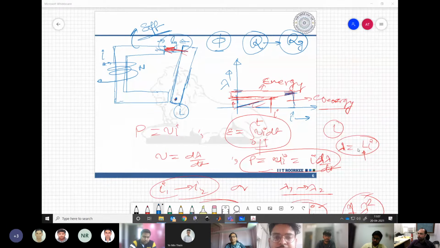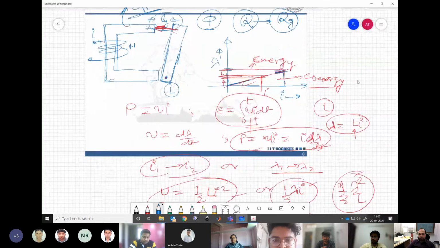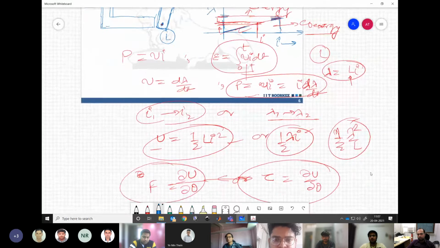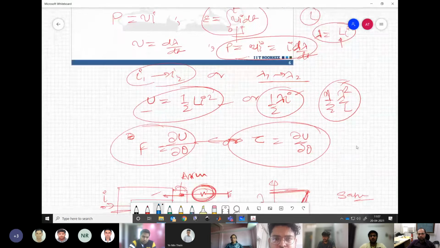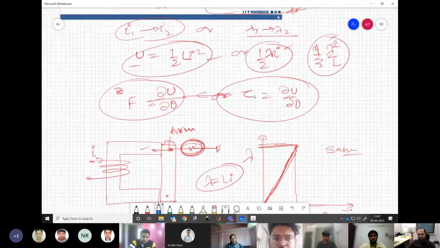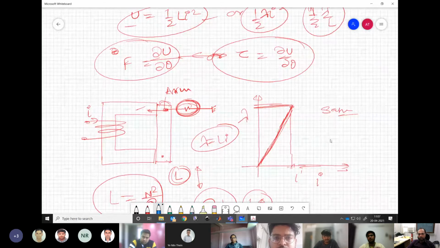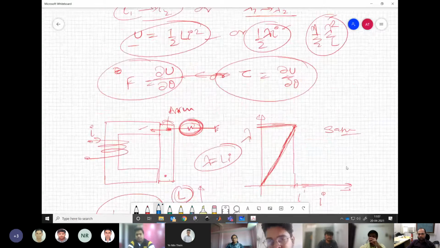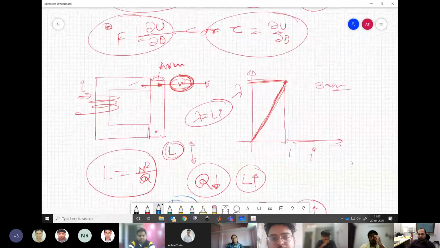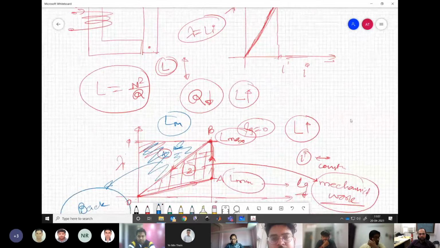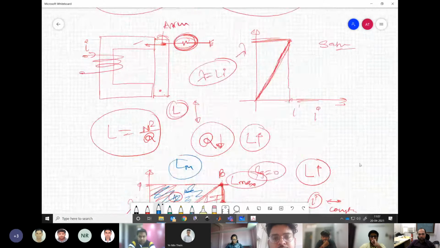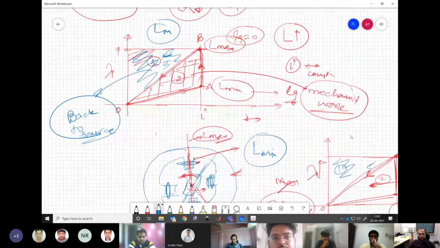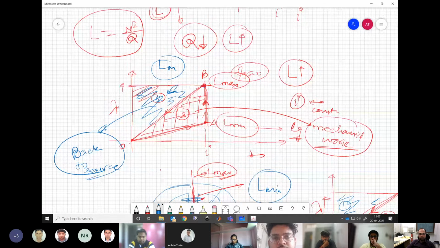So then what we understood, from the flux linkage point of view, what is happening? We figured out that the torque is proportional to the square of the current and then this dL by d theta, that means the change in the inductance. So we tried to plot the flux linkage for the two extreme locations, when L is minimum, which means the air gap is maximum, and when the air gap is minimum.